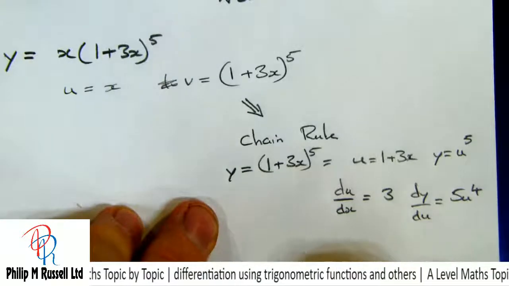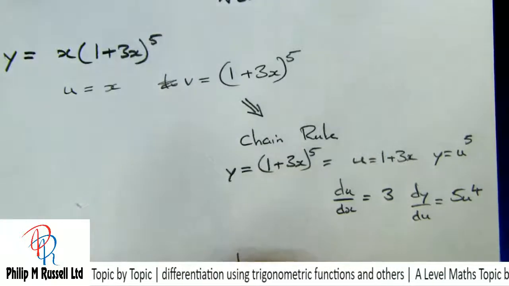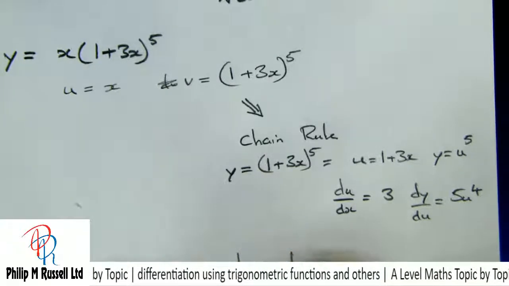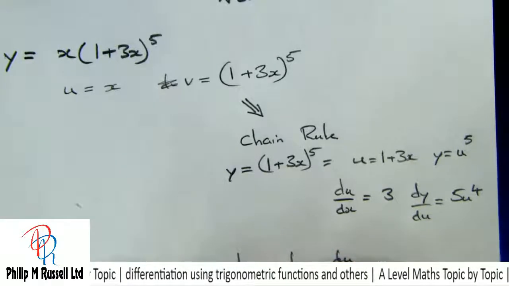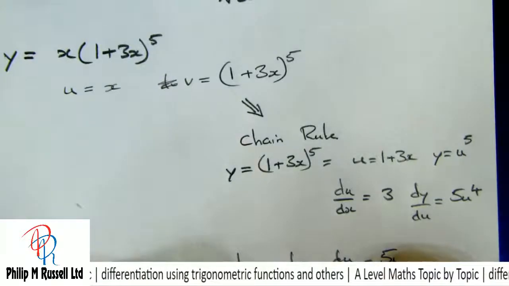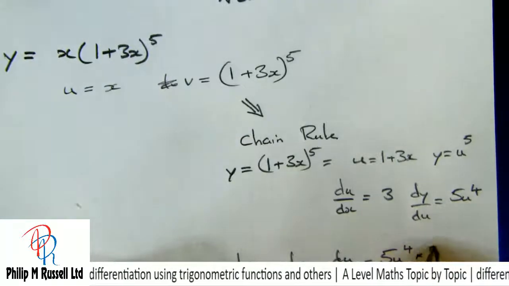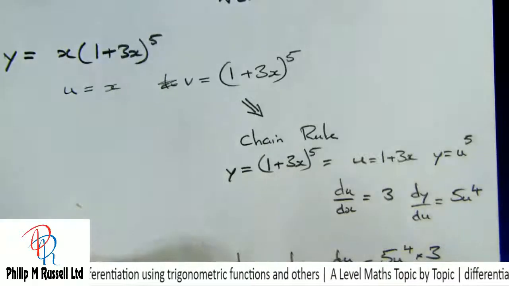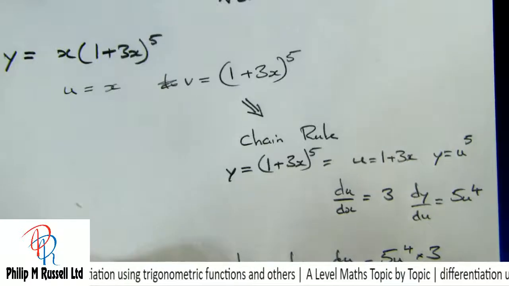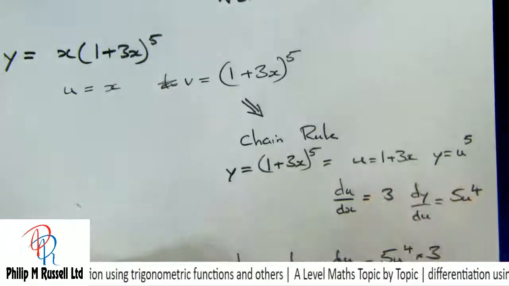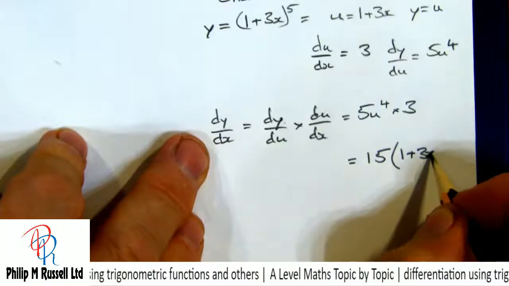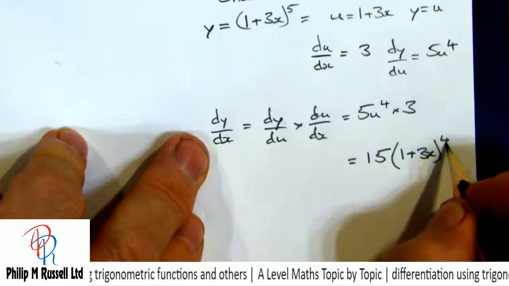Put those together, so we've got dy by dx equals dy by du times du by dx, and if we do those, we've got 5u to the 4 times 3, and that's going to give me 15, whatever u was, which was 1 plus 3x, to the power of 4.